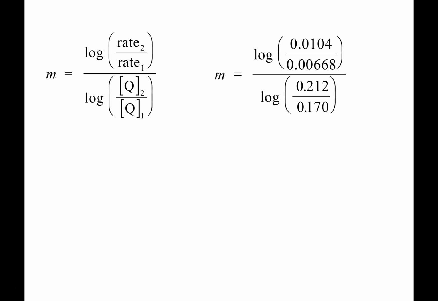So the log of rate 2 to rate 1 looks like this: the log of 0.0104 moles per liter per second divided by 0.00668 moles per liter per second. In the denominator, we have the ratio of the molar concentration of Q2 to Q1, so that's 0.212 molar divided by 0.170 molar.